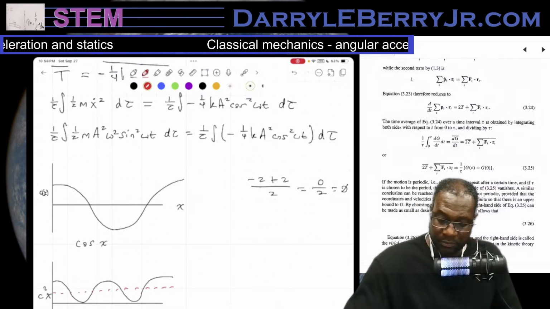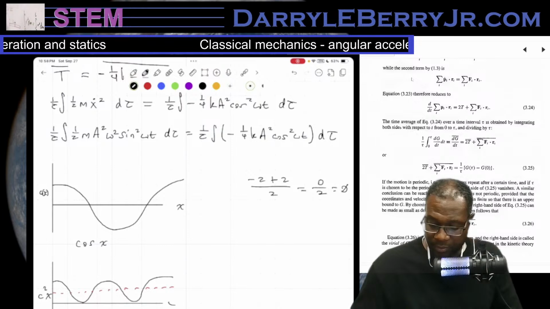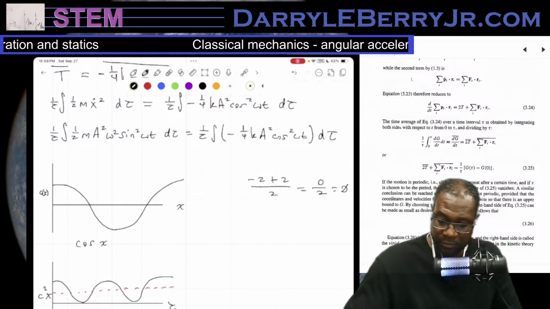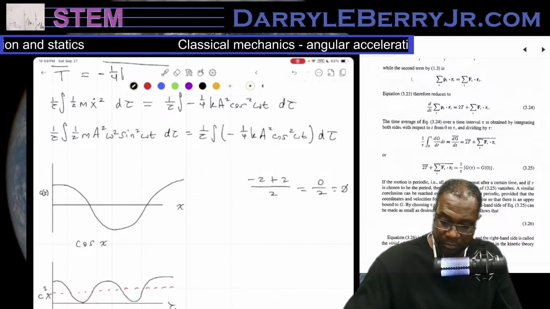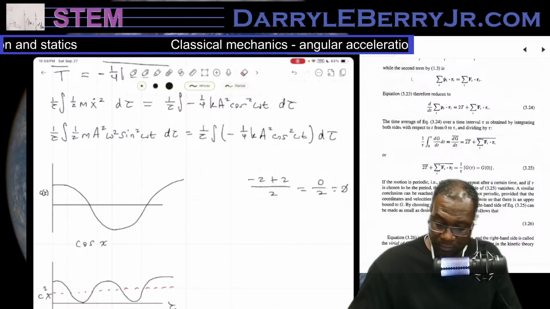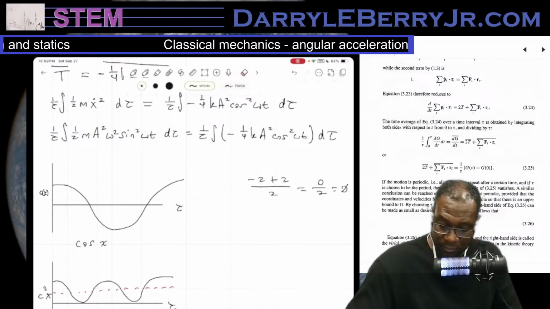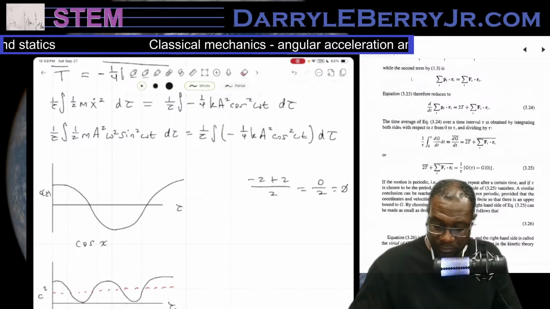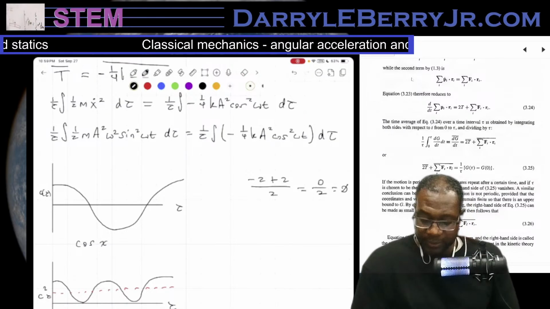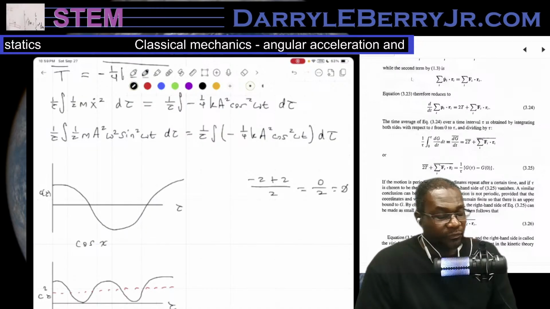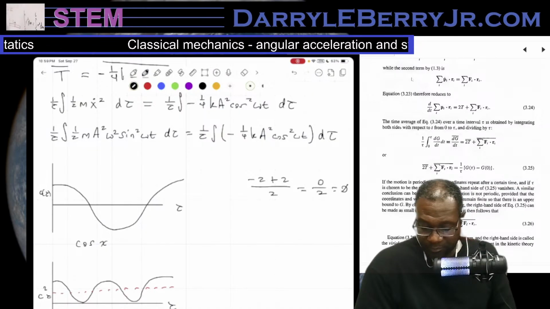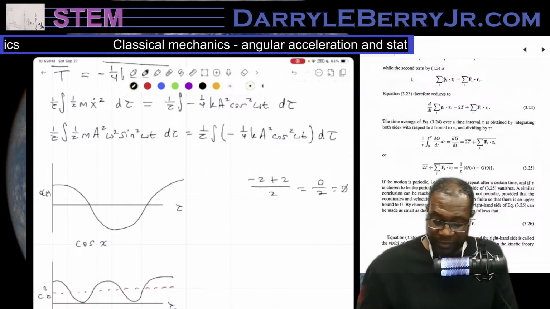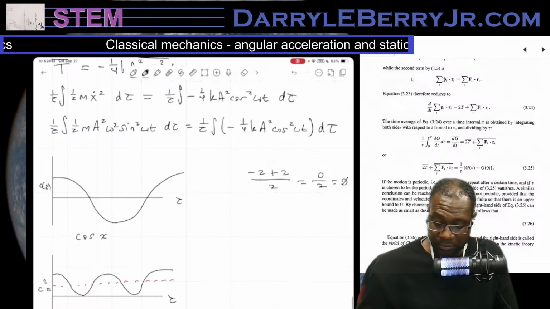Let me actually put what we're using here, tau. Why is that 1/2? Let me think about this. So this is 1.